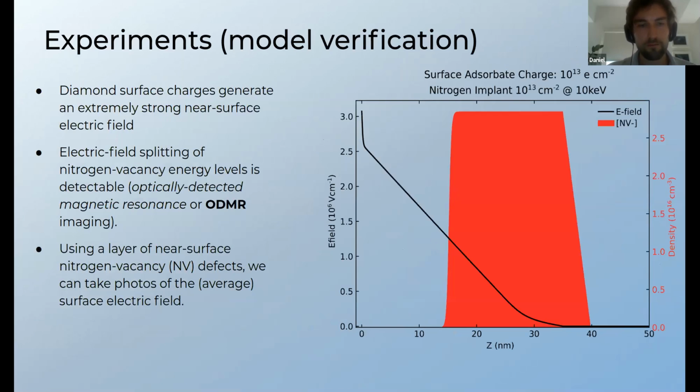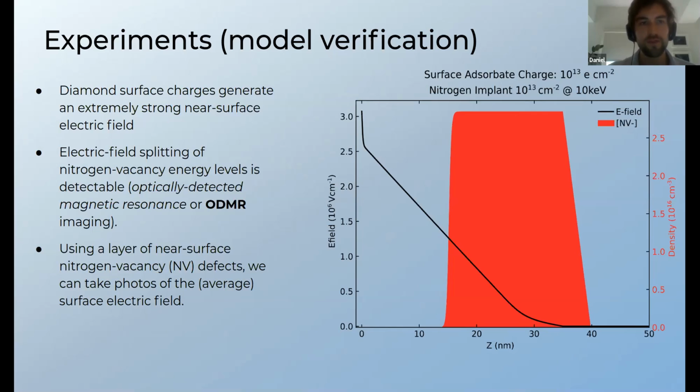Okay, so models are great, but they obviously need to be tested. So in order to pursue verification of this model, one thing that is easy enough to measure, especially with the nitrogen vacancy center, is the electric field.